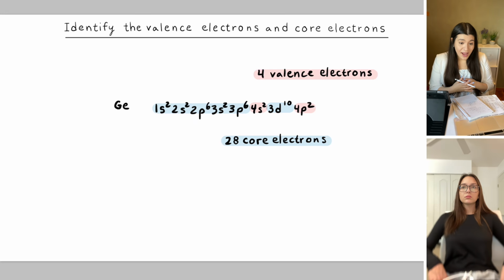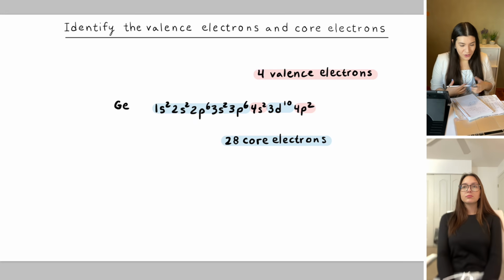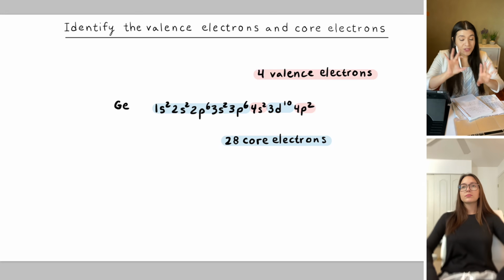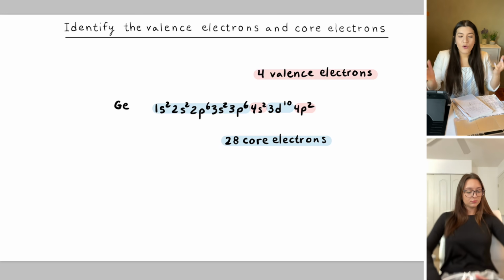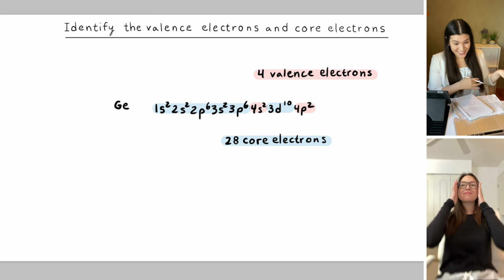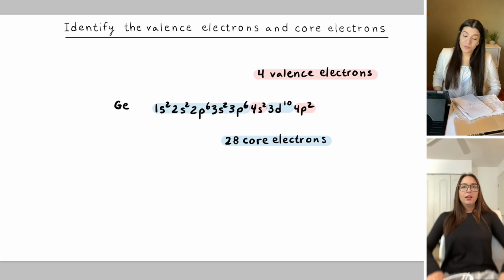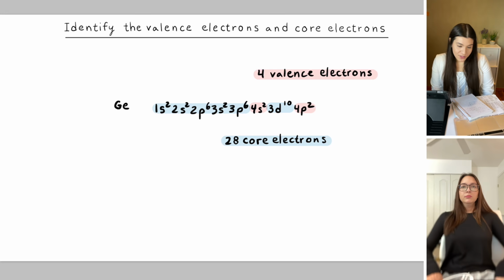Valence electrons are going to come back in a later chapter, where we'll be drawing structures and what molecules look like on a 2D level, and we'll use valence electrons for that. They're used for forming different compounds or molecules. Don't worry too much about it right now. We will go into more detail in the next few chapters. For now, just know that they're on the outermost shell.